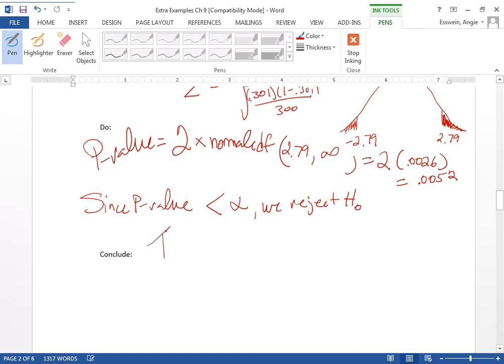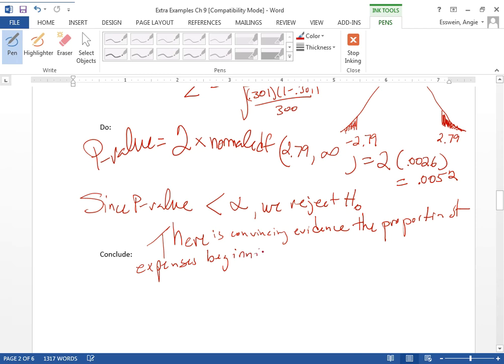There is convincing evidence that the proportion of expenses that start with a 1 is not 0.301.